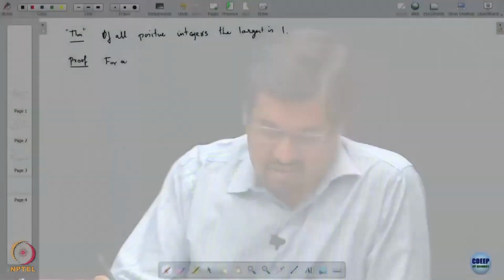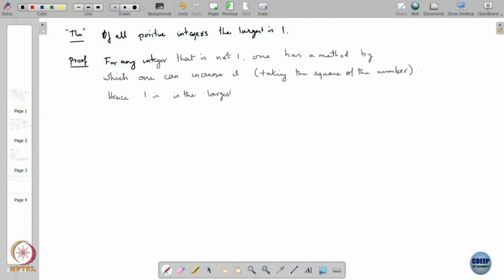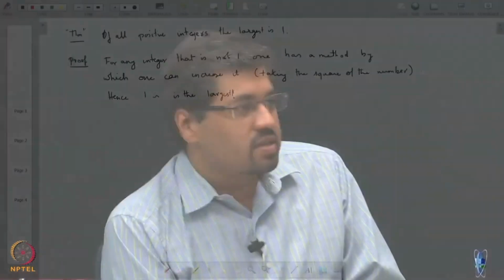So, this is obviously absurd, and the reason it is absurd is that we have implicitly assumed that there is actually a solution to the problem. The earlier problem was that you have a rope, and you wanted to find a shape that maximizes the area. You have assumed that there is such a shape.